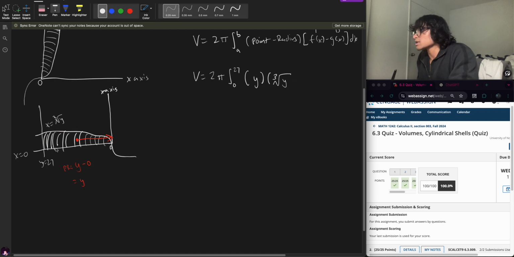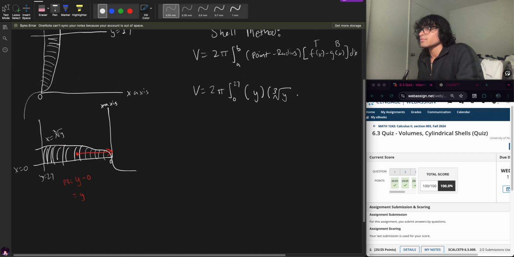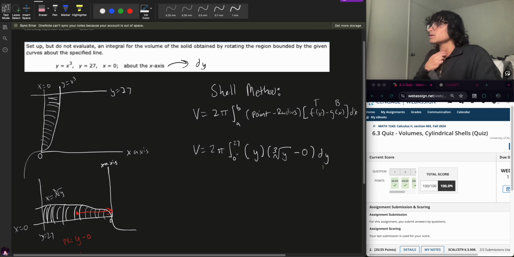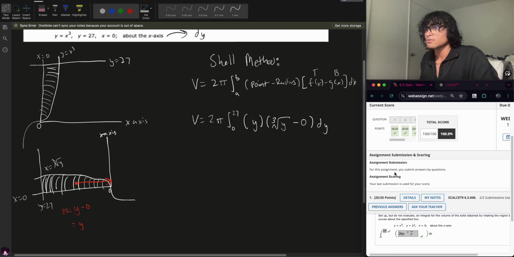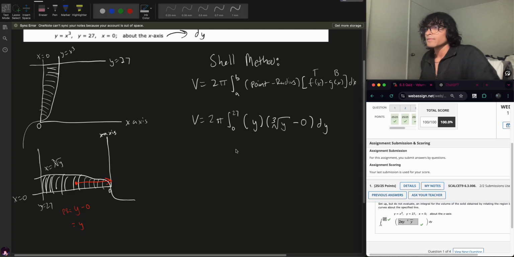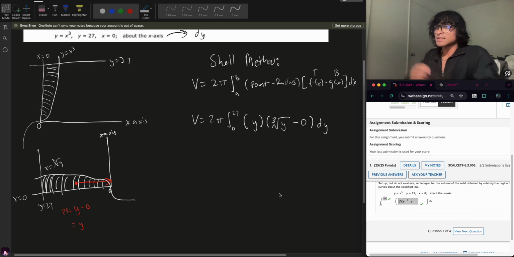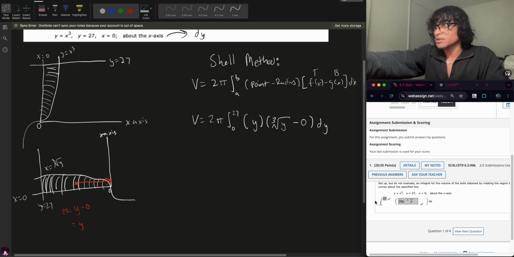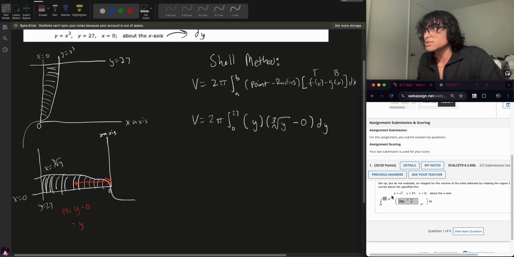That's our top function, and our bottom function is going to be 0, because x equals 0. So minus 0 with respect to dy. And I think the problem said to not evaluate the integral and just create it. So let's see if we got it right. Yeah, we did. Technically, this problem didn't put the 2 pi constant over here, but we still did it.